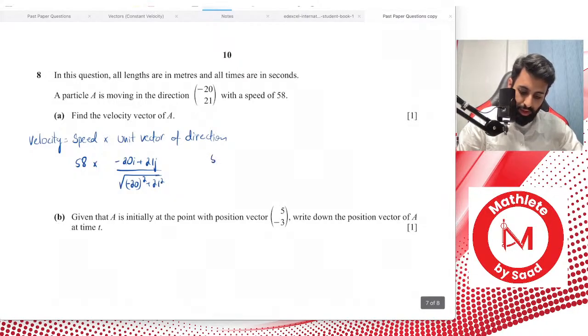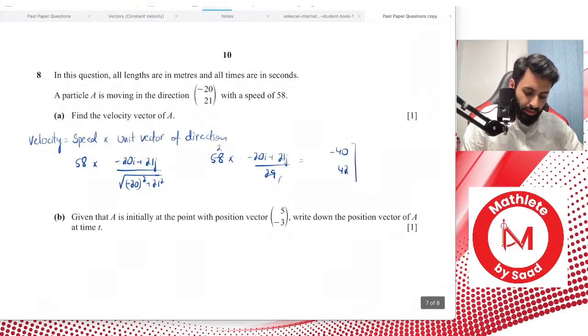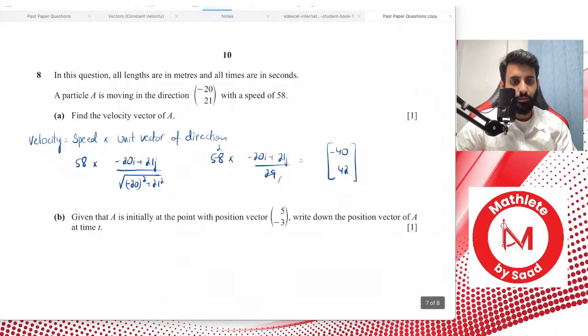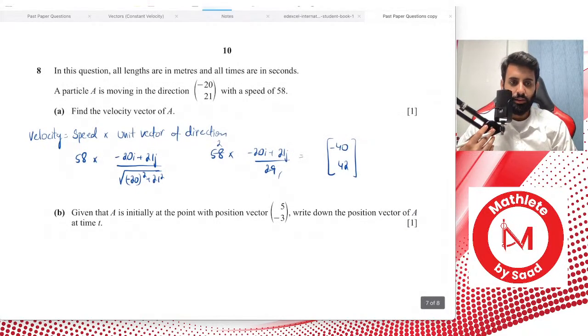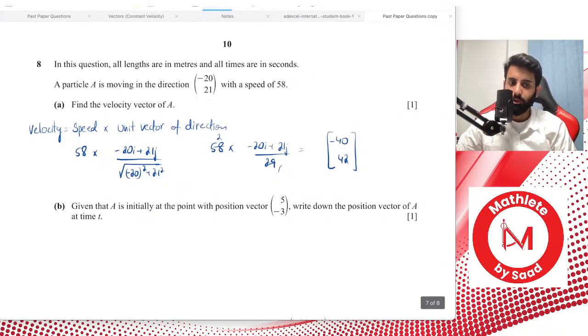So this becomes 58 into minus 20i plus 21j over 29, and if you work this out, 29 ones are 29, 29 twos are 58. So now you're looking at minus 40 and 42. You can write it however way you want. That's up to you. Yes, Pranav, this is exactly what you're saying.